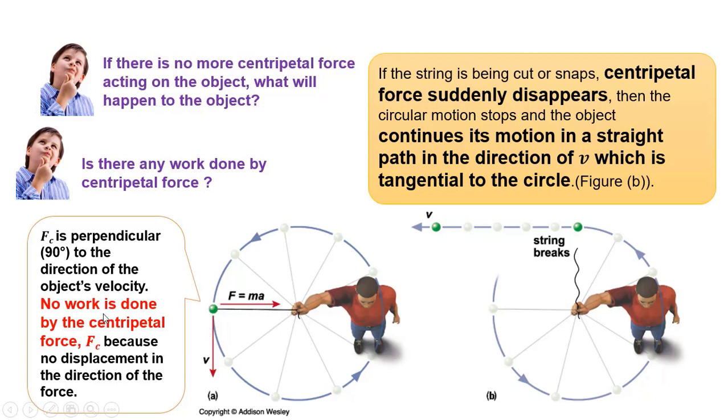No work is done by centripetal force Fc because there is no displacement in the direction of force, since the vector of velocity and the vector of force are perpendicular to each other. So there is no work done by centripetal force.